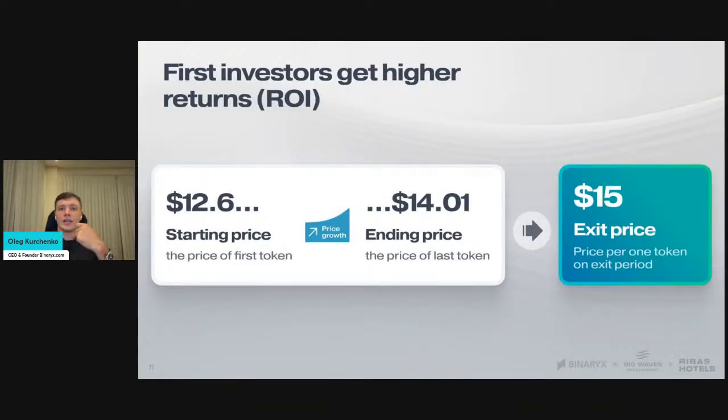But we understand one really important topic. People who invest at later stages are not interested in investing, and it's not fair for them to invest with the same conditions as the people on the early stages. So we developed a unique mechanism that works as a curve of the share price growing.